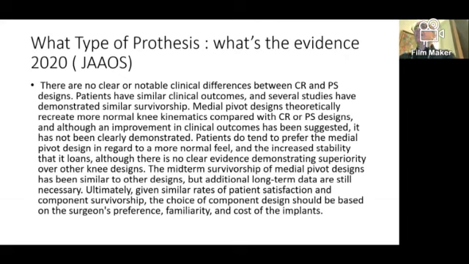Patients have similar clinical outcomes, and several studies have demonstrated similar survivorship. Nevertheless, medial pivot design theoretically recreates more normal kinematics compared to cruciate retaining or posterior stabilized designs, although an improvement in clinical outcomes has been suggested by some studies, but not clearly demonstrated.